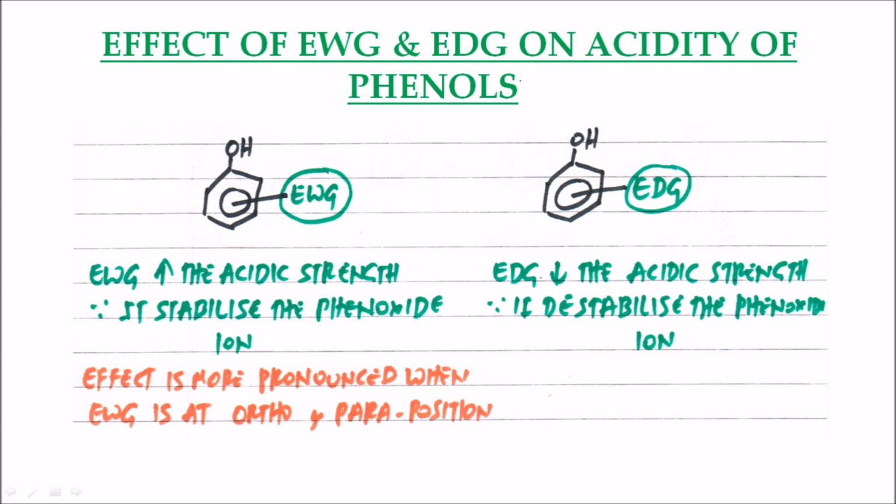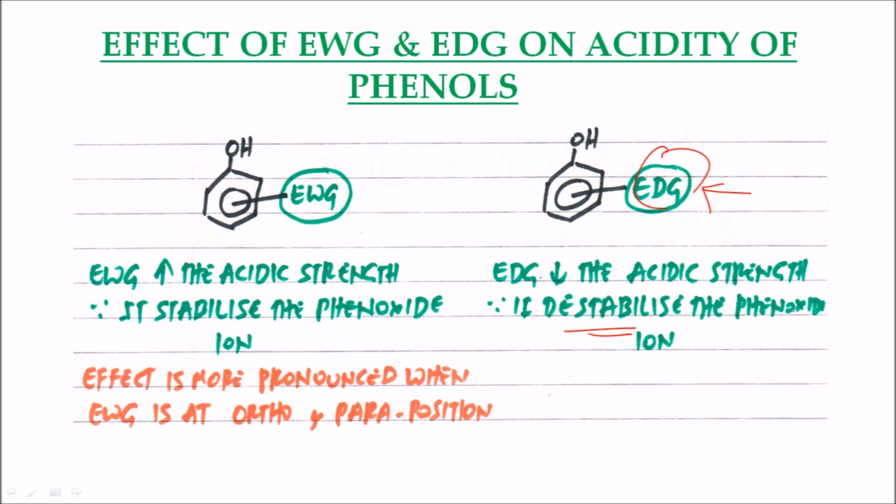Now if we take electron donating group, what does it do? Phenoxide ion is already electron rich, it's having more electron density, and if electron donating group is present, it will donate electron. Like methyl, it gives electron to the phenoxide ion, and if it gives electron to the phenoxide ion, it is further destabilizing the phenoxide ion, so it's making phenoxide ion less stable. And if phenoxide ion is getting destabilized, we can relate to the ionization also.